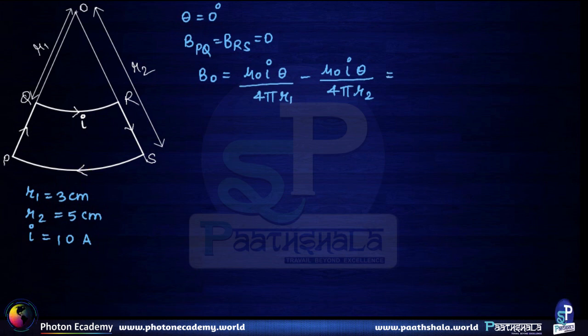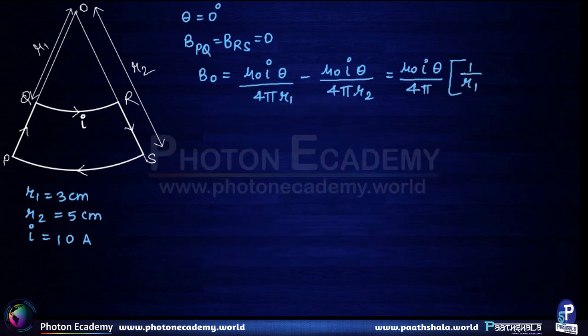This will become mu naught I theta upon 4 pi into 1 upon r1 minus 1 upon r2. And the direction of this magnetic field will be k cap. We can see this by right hand thumb rule.